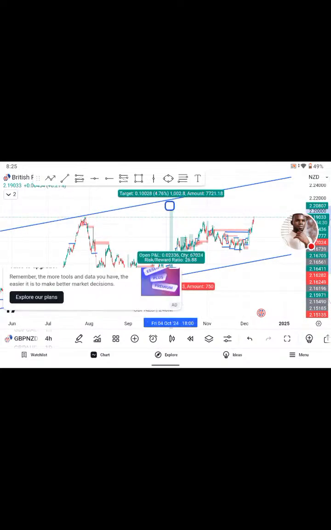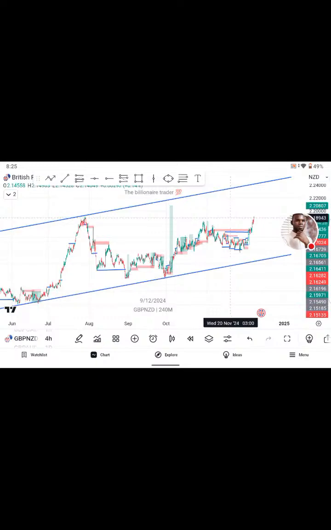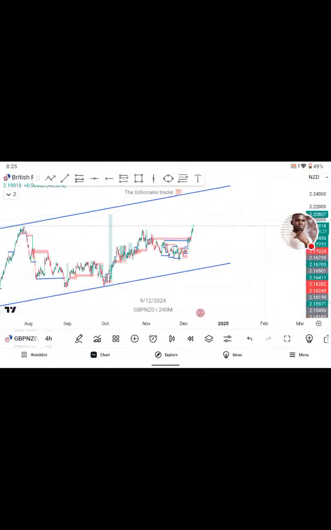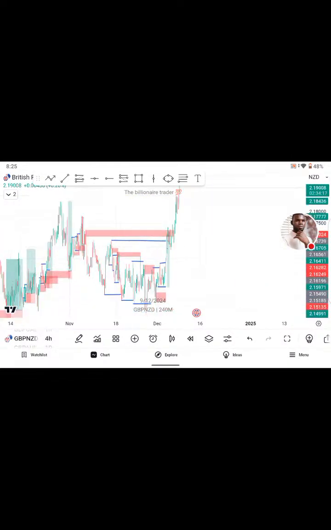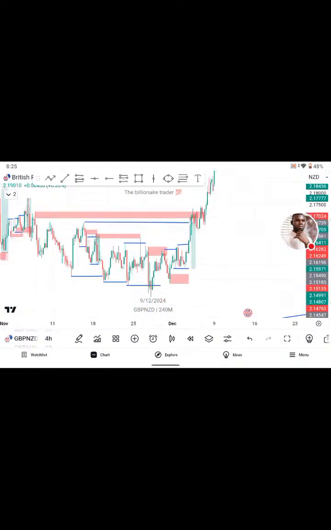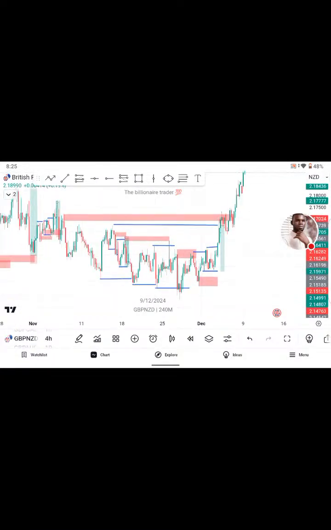It is still going on. You can see where I set the final key, this high. I've even taken out that high. So the mistake I made here, I did not follow the channel. I was expecting that price will sell, it will buy, it will sell, it will buy. Yeah.